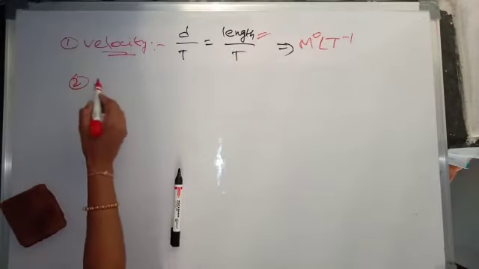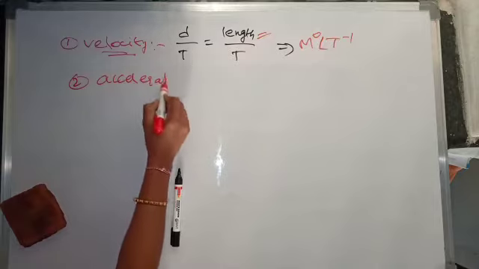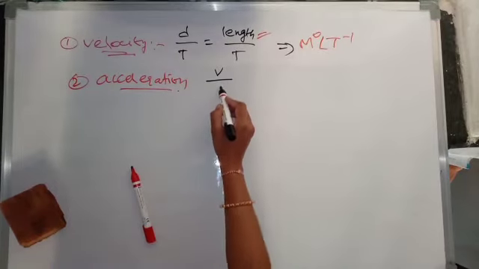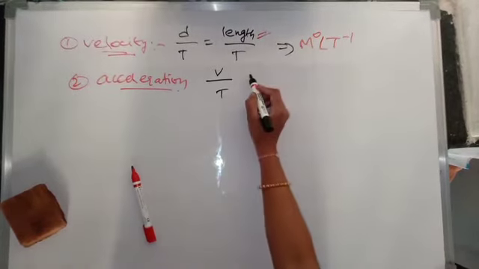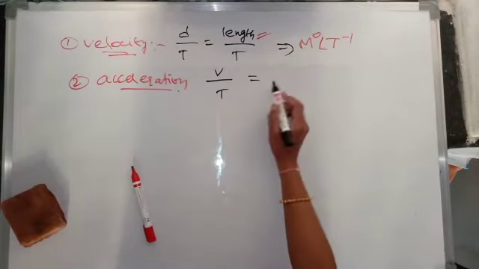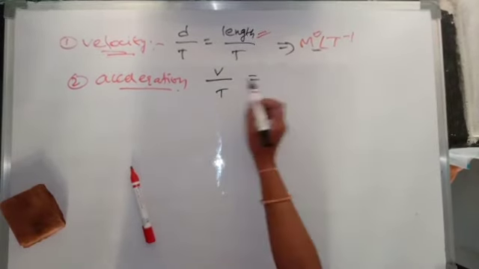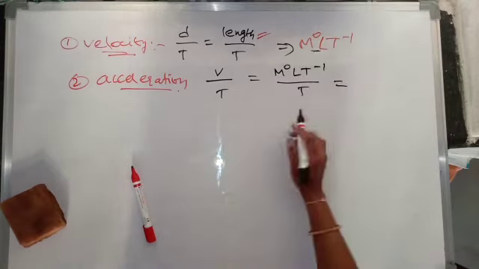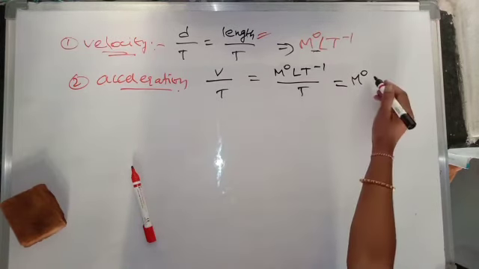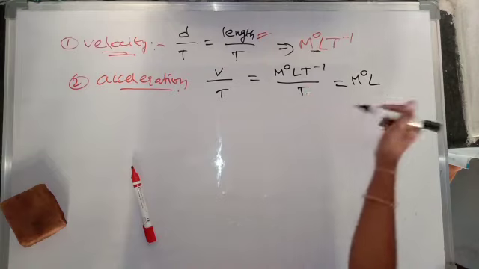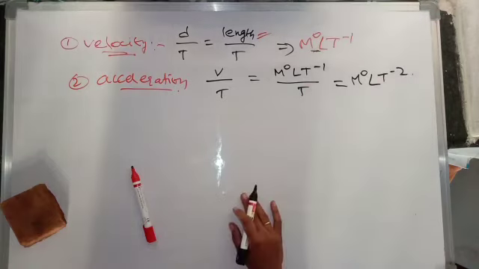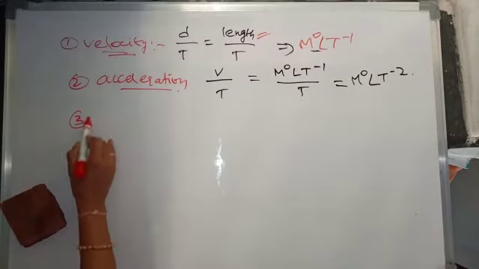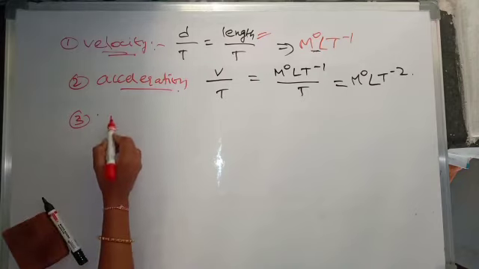Coming to acceleration, what is acceleration? Change of velocity by time t. You can write it directly from here. Velocity is M naught L T power minus 1, divided by time t. Now this becomes M naught L T power minus 2. Now the third one, force.